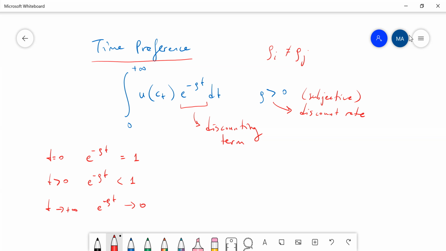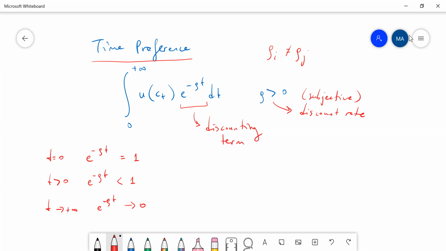But in the future, 2 days later, the same cake, the same number of slices, will not give me the same utility. Why? Because I'm impatient, because I want to consume, ideally, all of the cake in the present, right? So when time passes, I decrease the weight I attach to this date's utility.